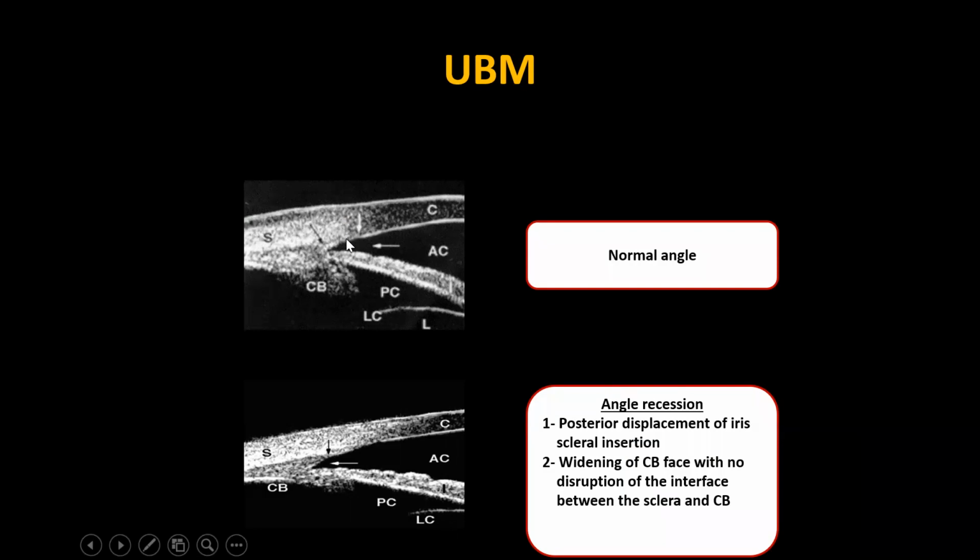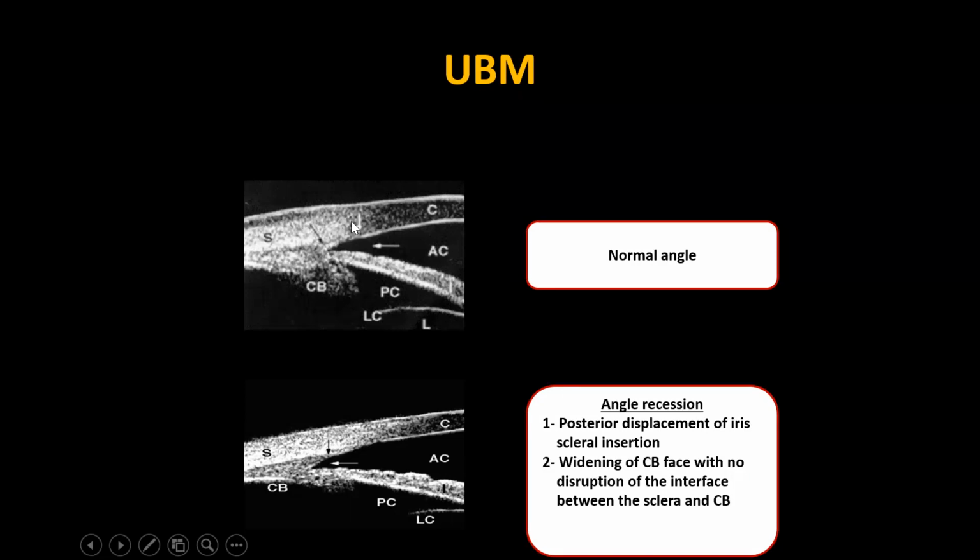And you can see that there is a widened area of ciliary body band. You can see here the posterior chamber, the anterior chamber, the lens, the lens capsule and the cornea. When you compare the superior and inferior parts, you can see extreme widening of the ciliary body face compared to the superior part.